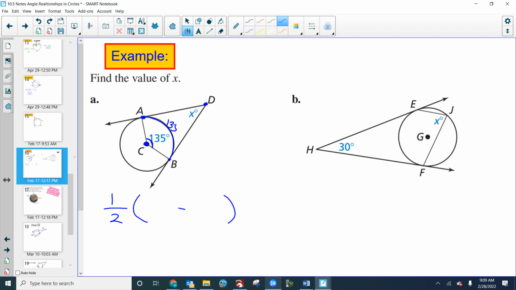So that is a 135-degree arc. You all see it. Now, because these are two tangents, isn't this major arc everything else in the circle except for 135? 360 minus 135. 225.